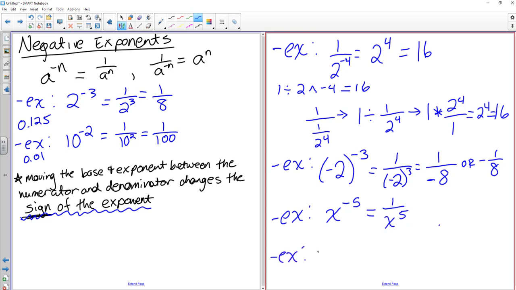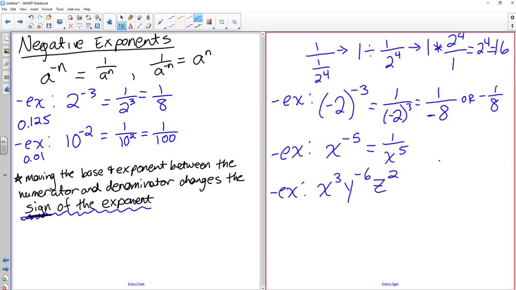How about this one? x cubed y to the negative sixth z squared. So now I've got a few things going on. x cubed is good, but I need to rewrite y to the negative sixth. So I'm going to rewrite this as 1 over y to the sixth. And then z squared is good.